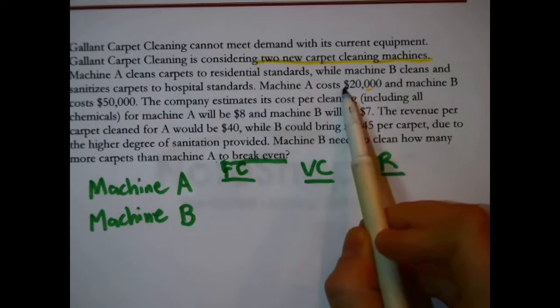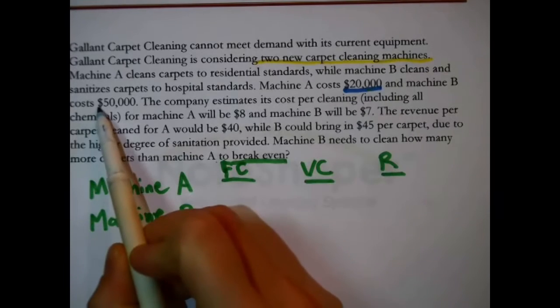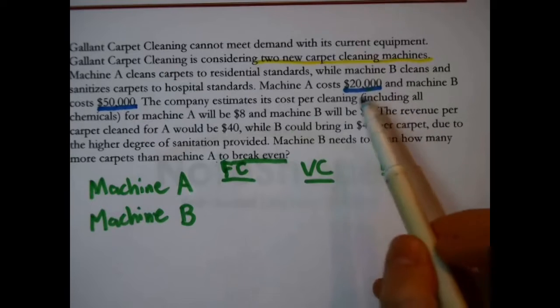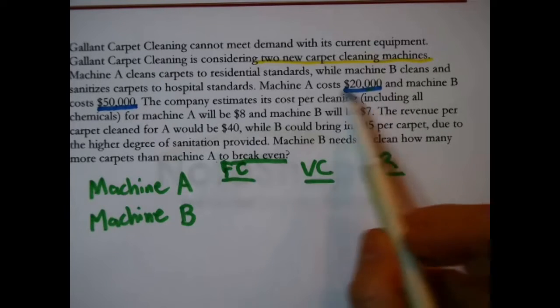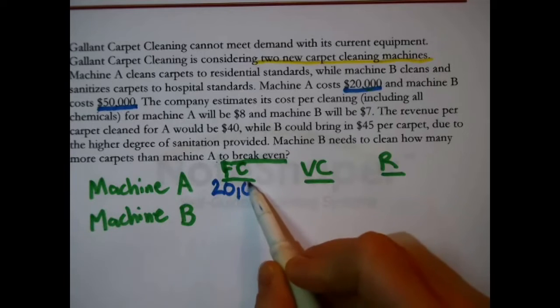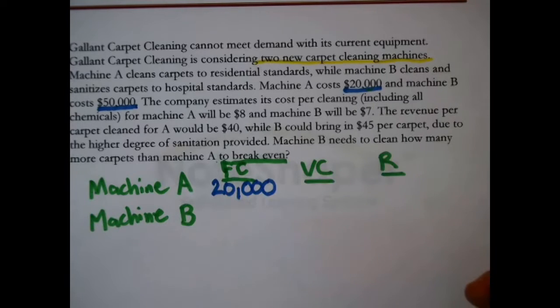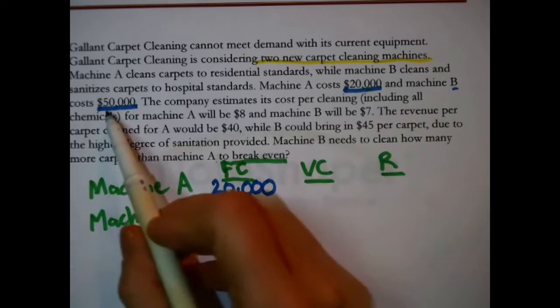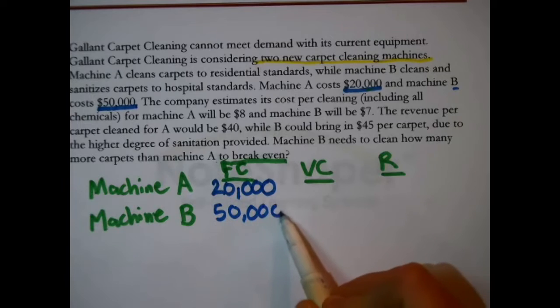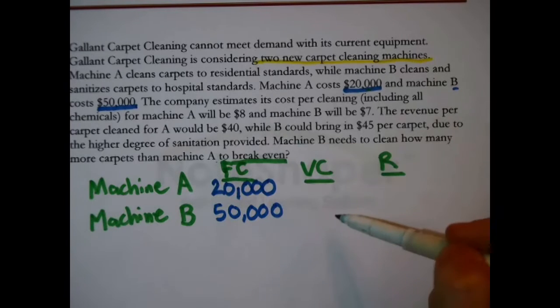Fixed costs are very often purchasing costs, because that's what you pay no matter whether you use the purchase or not. In the case of machine A, it costs $20,000 to purchase it, regardless of how much we use it. Classic fixed cost. In the case of machine B, $50,000.